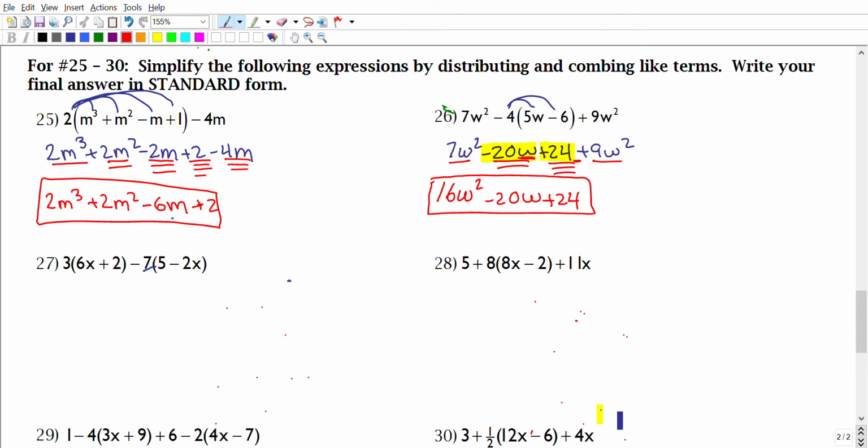Because it does not have a w, you cannot combine those two, so you have to rewrite them as separate terms. The only ones you can combine are the 7w squared with the 9w squared to get 16w squared. Okay, let me go ahead and erase some of these little dots over here.